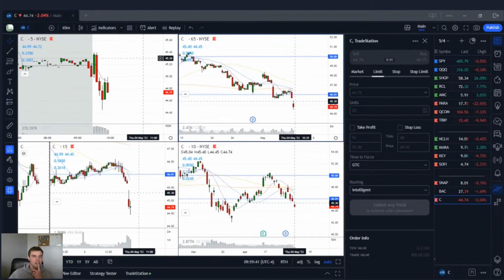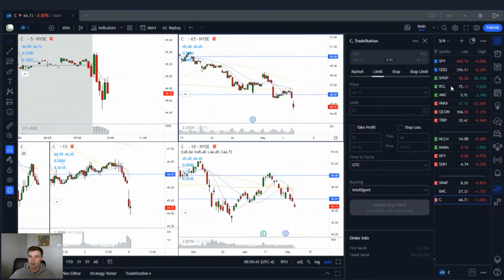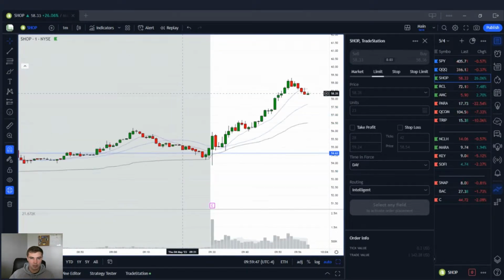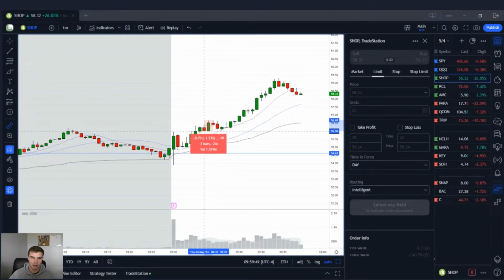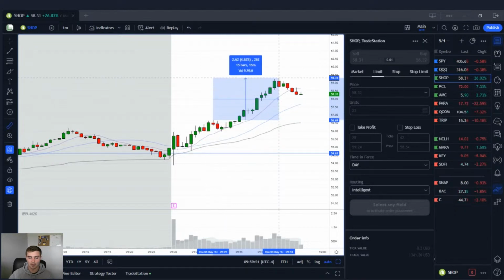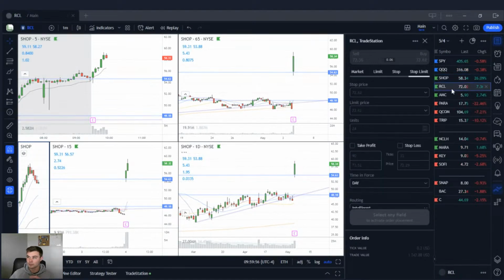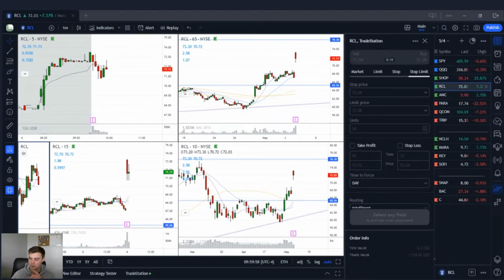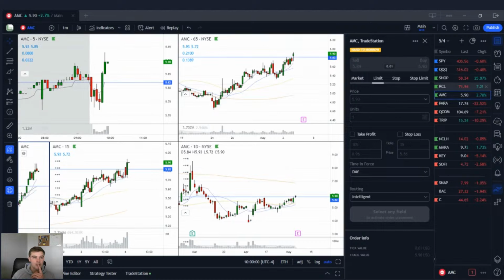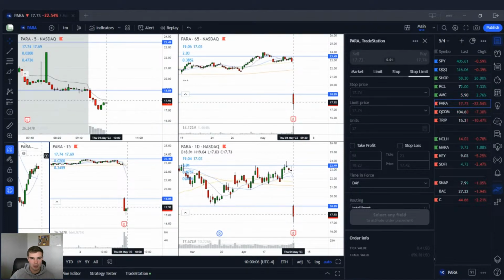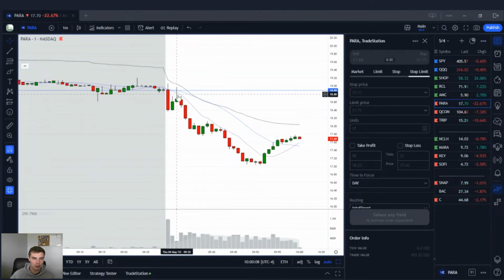Man, this has been boring. I'm not going to lie. Like I said, I don't think there are any trades, other than maybe this aggressive Shopify. Maybe could have gotten that potentially. Otherwise, nothing to do with RCL. AMC, nothing to do with it just yet. Paramount, I guess you could have argued this one minute sell setup, but that happened pretty quickly.